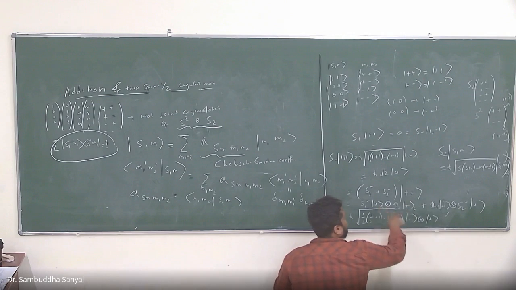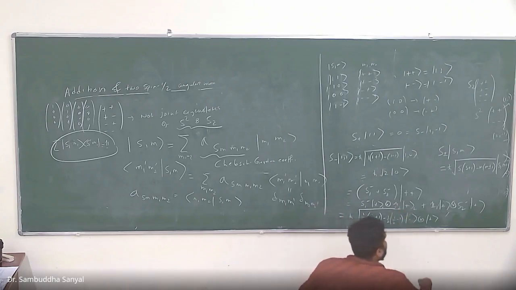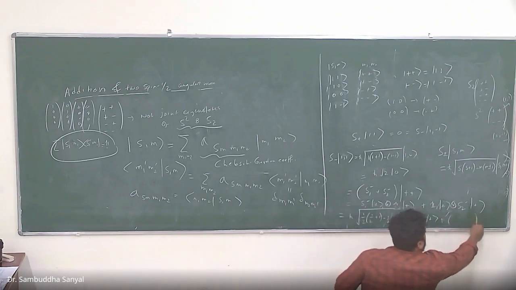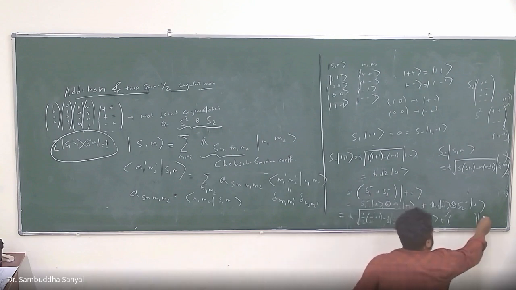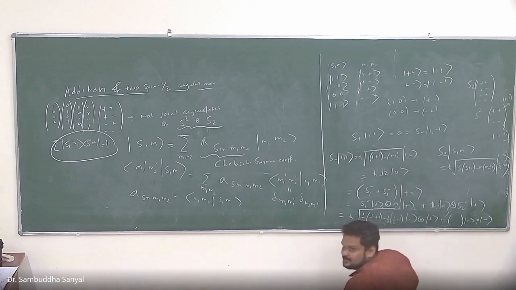This plus will go to minus because it's a down operator, and the plus will remain plus because of identity, right? Similarly, there will be a similar step here, which I'm not writing down because it's wrongly written in minus. So what will happen? It will go to a plus, something times plus times minus, because the S2 will take the second part one step down, right?